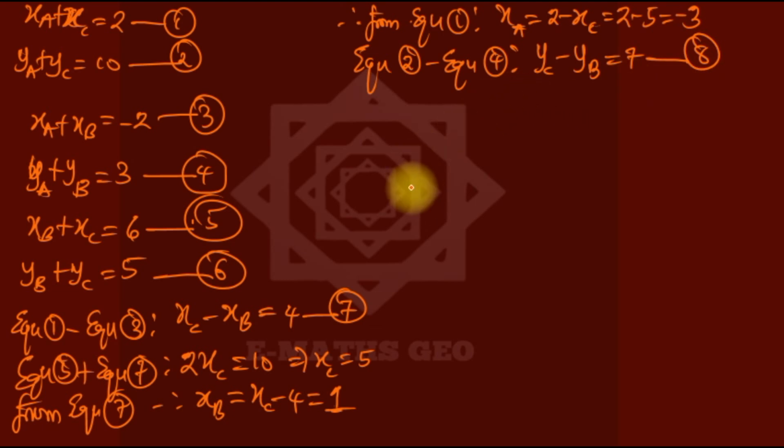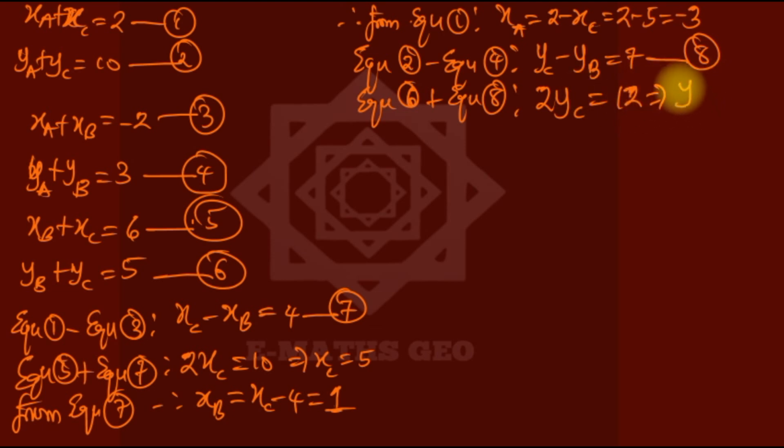Again, we'll look at which ones have YC and YB: equation 6. So what do I do? I will add. If I do equation 6 plus equation 8, YB plus minus YB is 0, YC plus YC is 2YC, 5 plus 7 is 12.